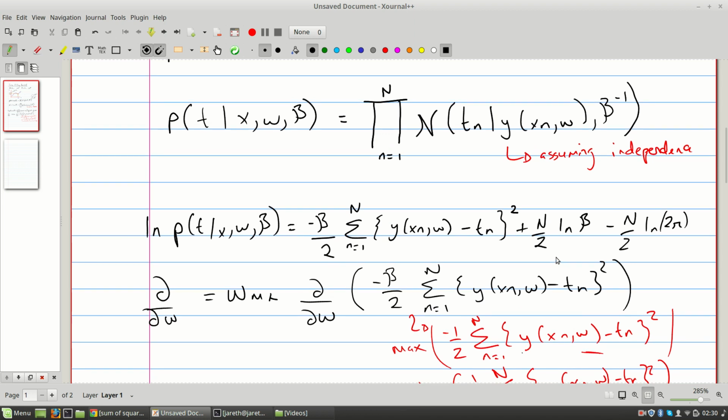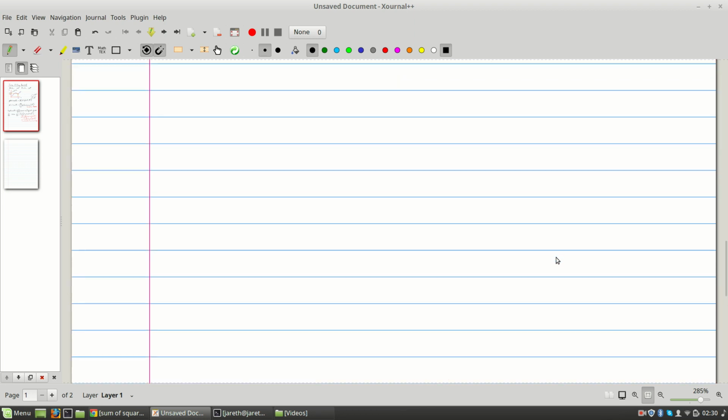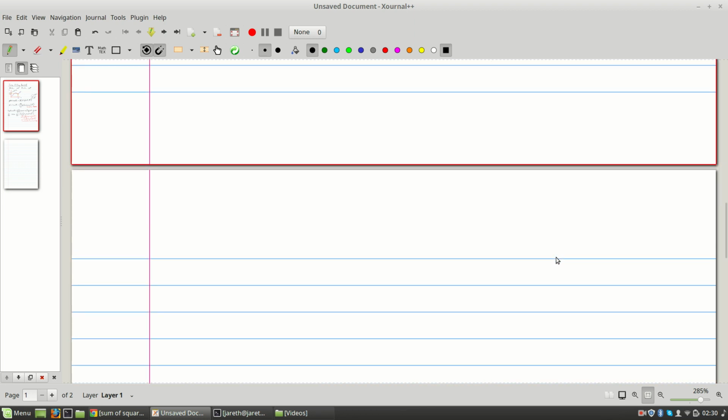And now we can do the same thing with respect to beta. I'm not actually going to go through the whole computation here because this is something we already did in the previous lectures.